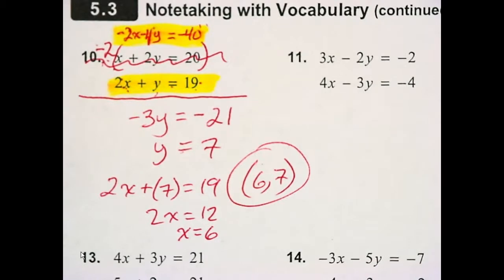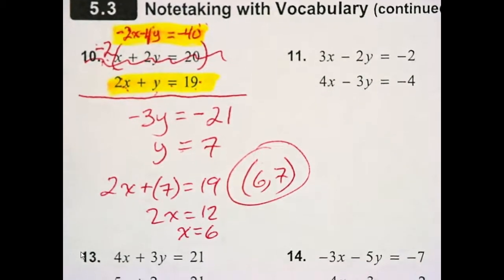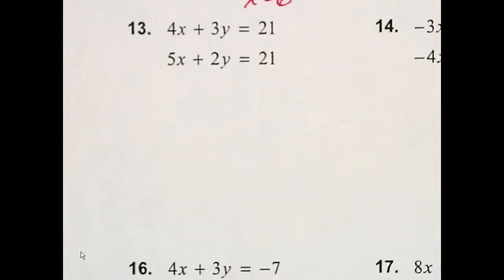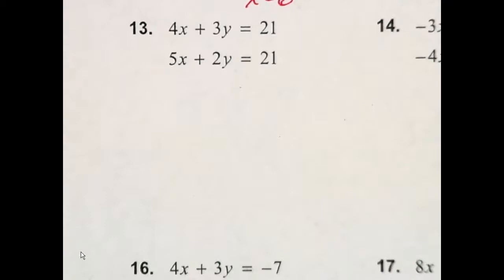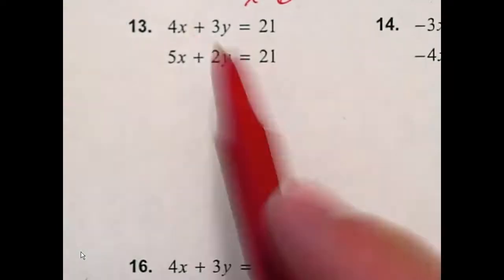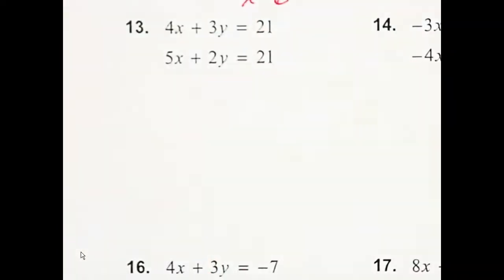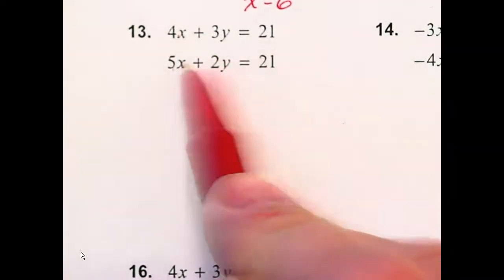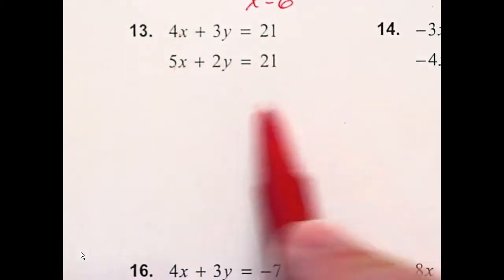Okay, last one. Number 13. All right, hey, take a look at 13. Do you have opposites? Don't have opposites. Can I multiply the top one by a number to get opposites in the bottom?